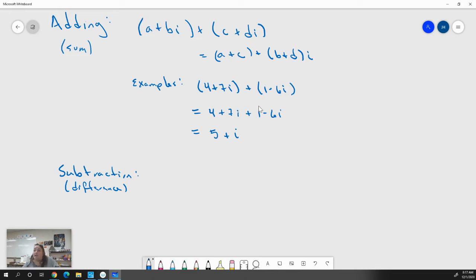So what if I have, let me find one with a difference in it. What if I have 3i minus negative 2 plus 3i minus 2 plus 5i.